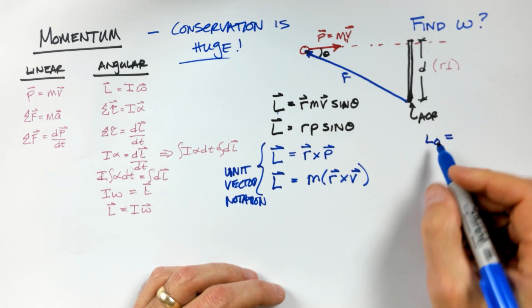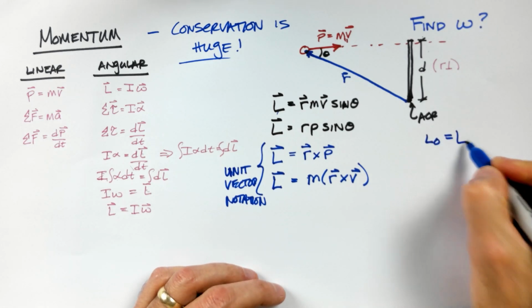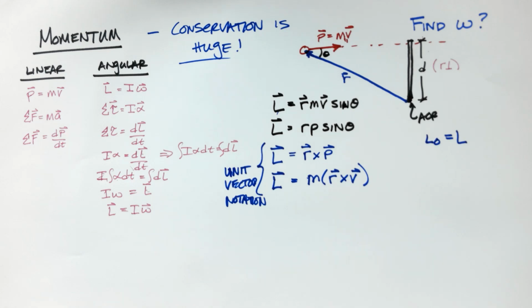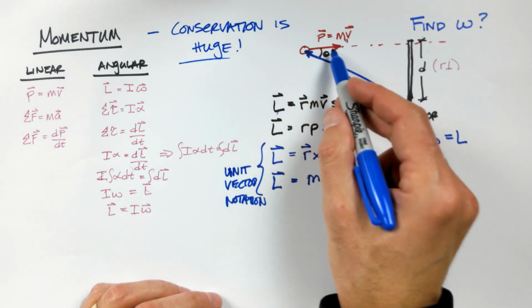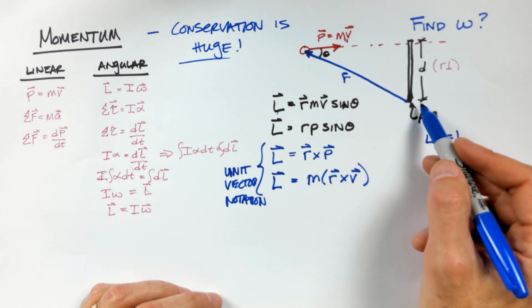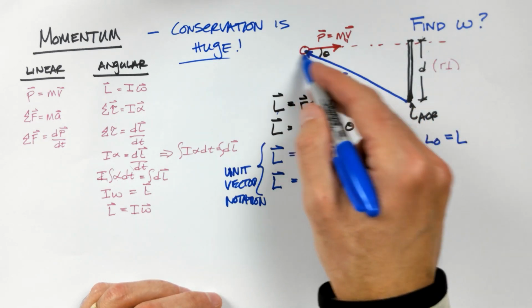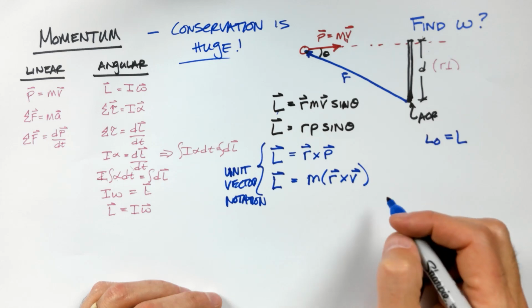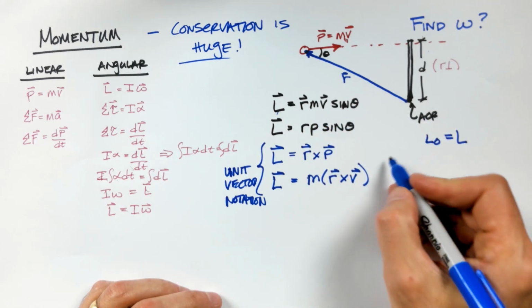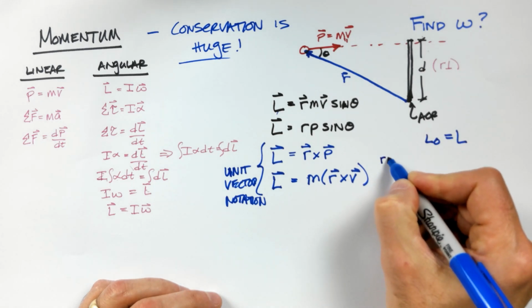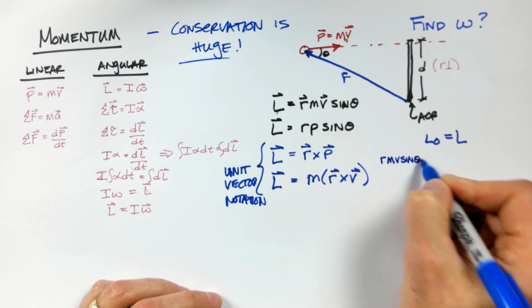So the initial angular momentum is going to be equal to the final system angular momentum. Well, what was the initial angular momentum? Well, we have this rod is not moving, and we have the angular momentum of the lump of clay, which is just r m v sine theta. So r m v sine theta.